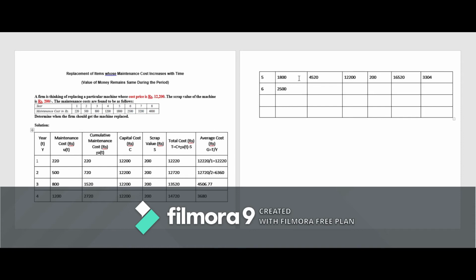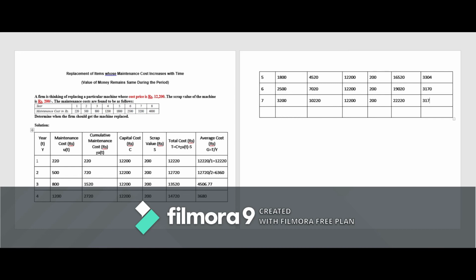The cumulative maintenance cost equals 7,020, and with the capital cost and scrap value as they are, the total cost equals 19,020 and the average cost is 3,170. For the seventh year, the maintenance cost is 3,200 and the cumulative maintenance cost will be 10,220. Capital cost and scrap value are the same, and the total cost is 22,220.